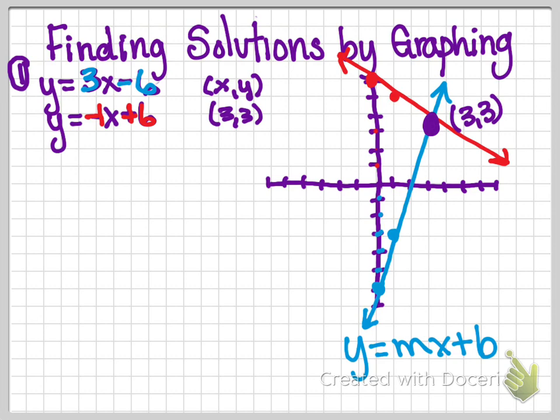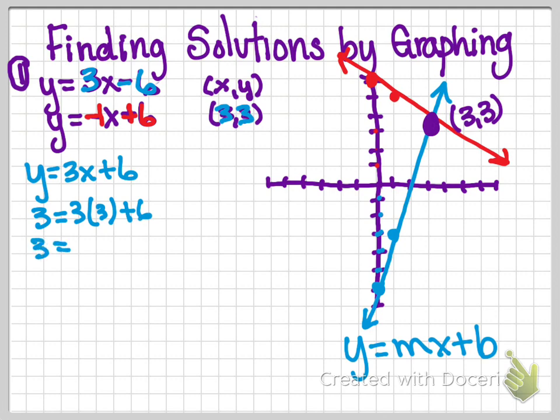So now we're going to replace the now known values of the variables. If I look at the first equation, y equals 3x minus 6, we're now saying that x is 3 and y is 3. So I'm going to replace y with 3, and I'm going to replace the x with 3, and then I'm going to solve the equation.